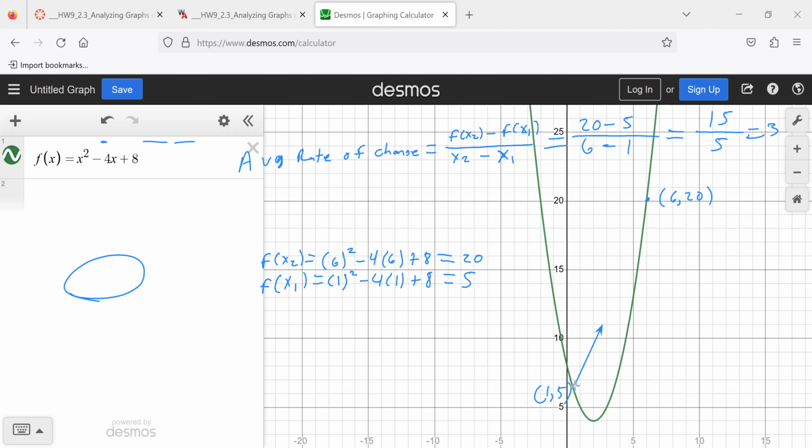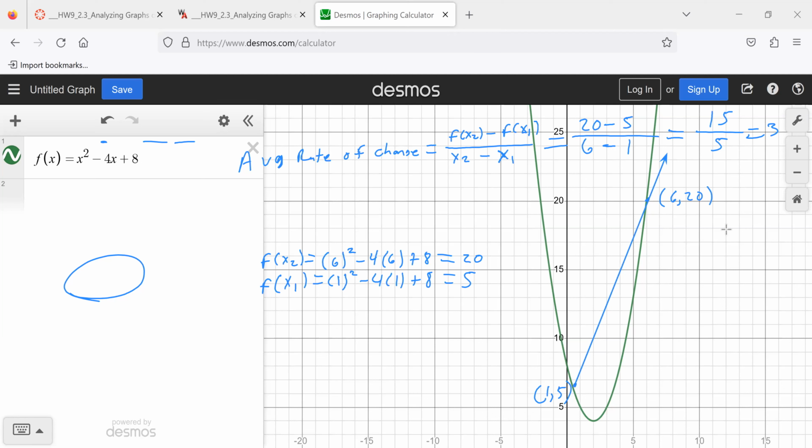So you have a line connecting those points. The slope of this line is 3, which represents the average rate of change of this function from 1 to 6.